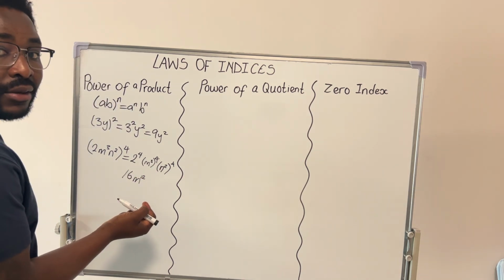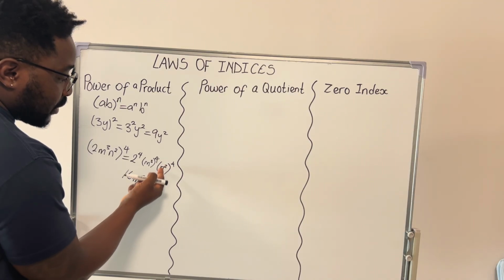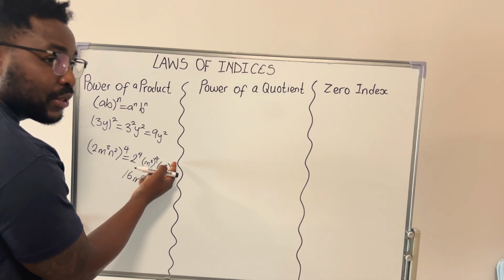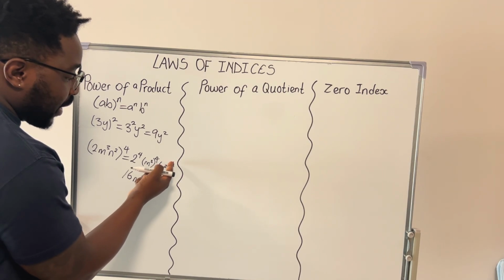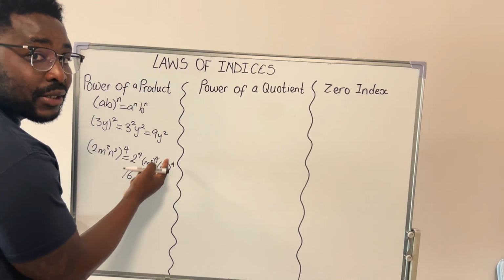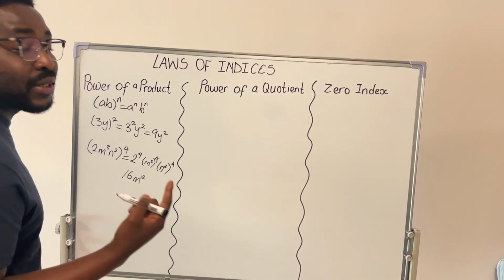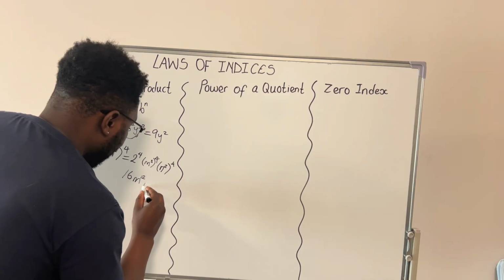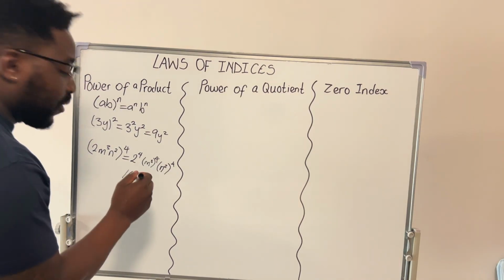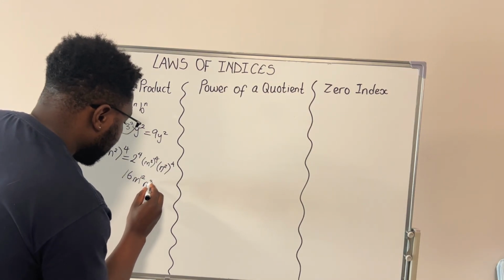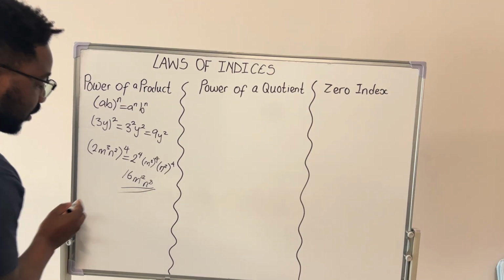Our third term here, an index expression raised to an index, so we just have to multiply the two indices. That will give us n to the power 2 multiplied by 4, which is 8. So we have solved this expression over here.